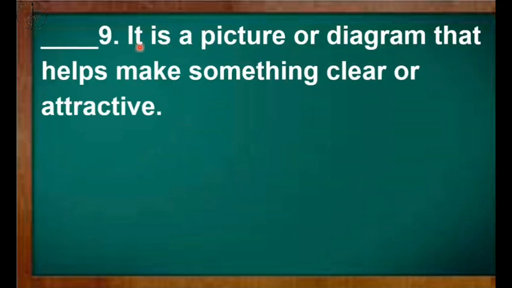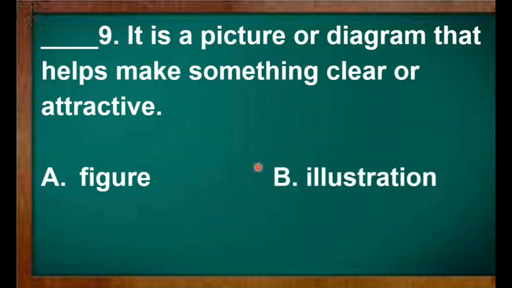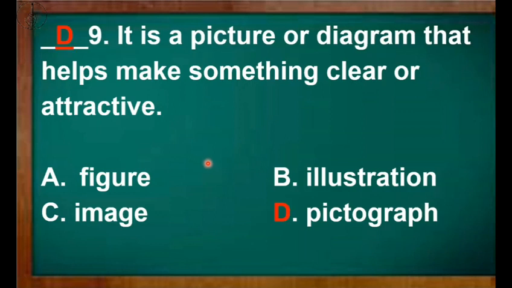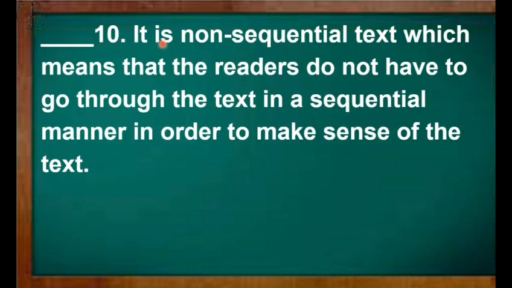Number 9, it is a picture or diagram that helps make something clear or attractive. A, figure. B, illustration. C, image. D, pictograph. The correct answer is D, pictograph. Number 10, it is non-sequential text, which means that the readers do not have to go through the text in a sequential manner in order to make sense of the text.